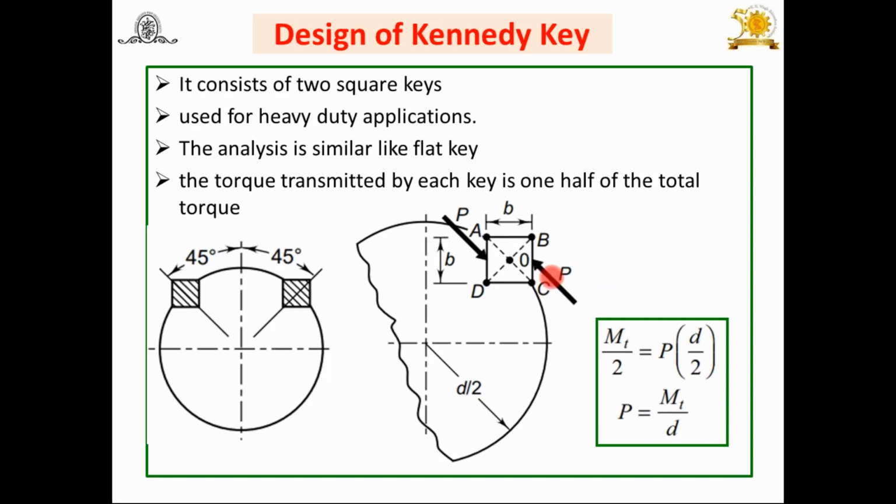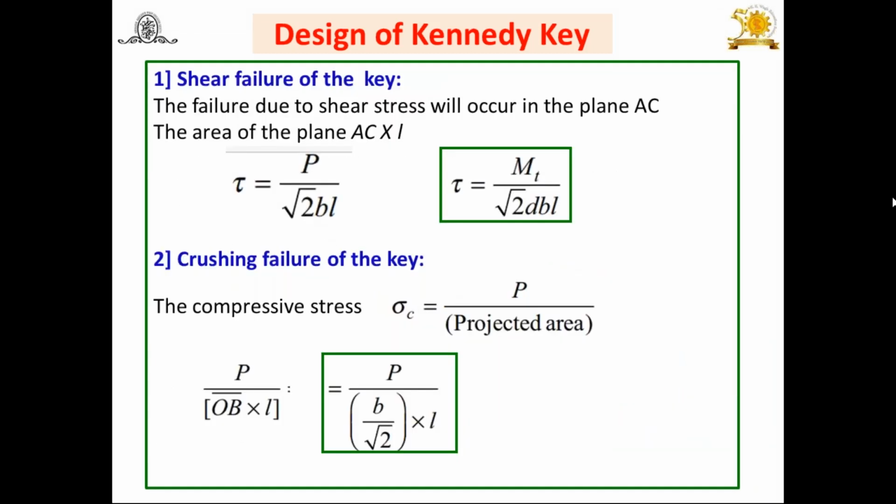Try to understand. And that's why it is calculated here. Here this area is along the length of the key, that's why L. Under root 2 into B into L. B is not under the root sign. Try to understand. Under root 2 into B into L. This is the area. Therefore, tau permissible is equal to force upon this area.